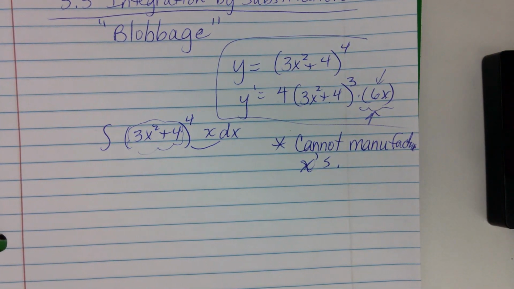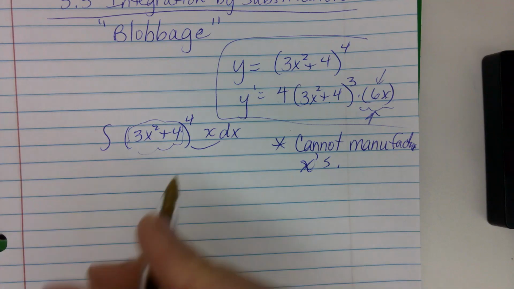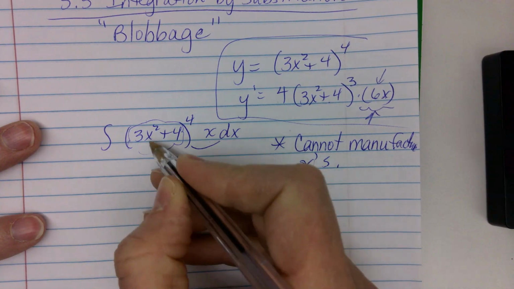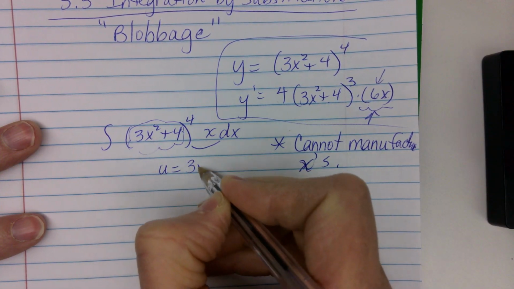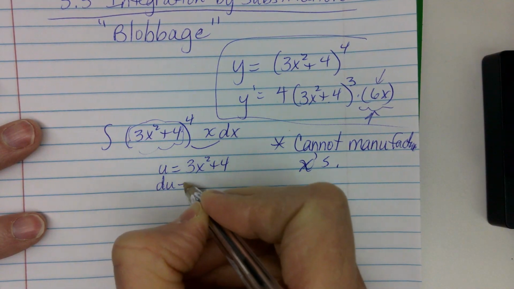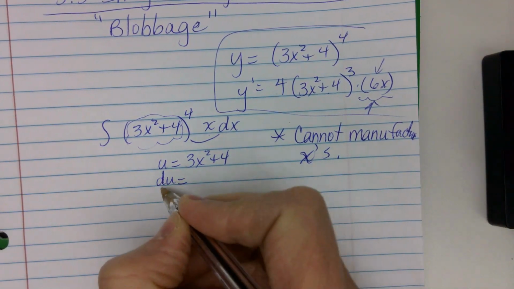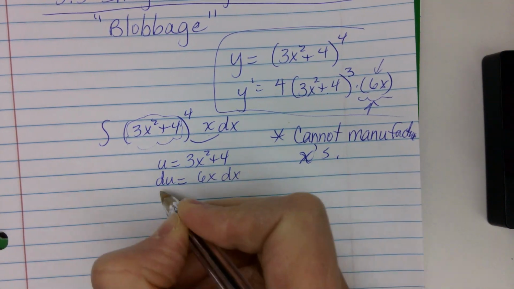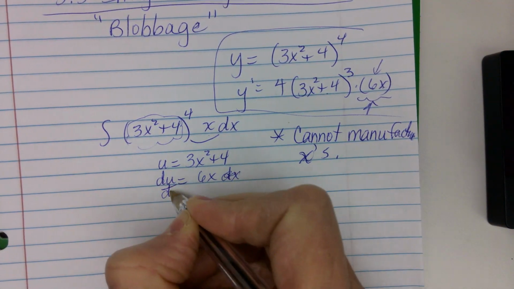manufacture numbers, only constants, right? And so, all right, what some teachers will make you write out, well, the u is this blob, right? What is du? Or 6x dx, right? Or du dx is 6x, right?